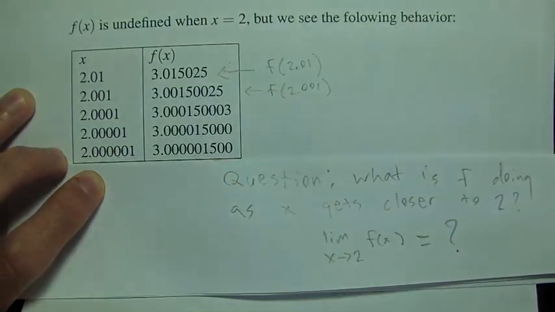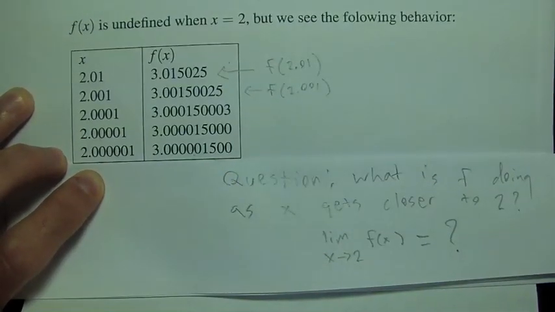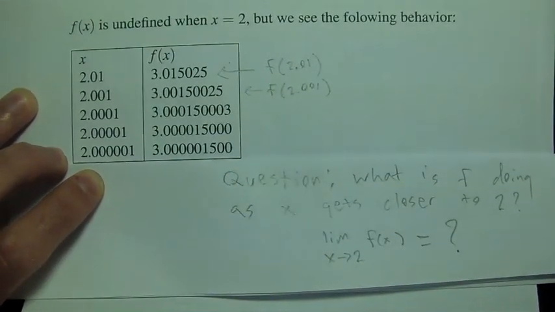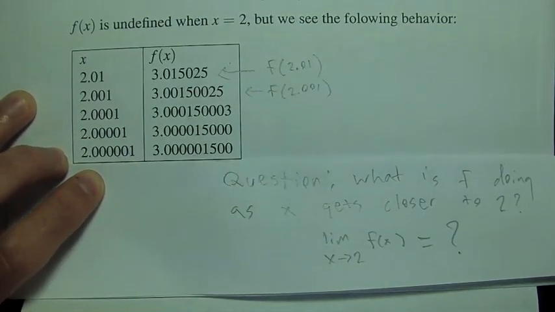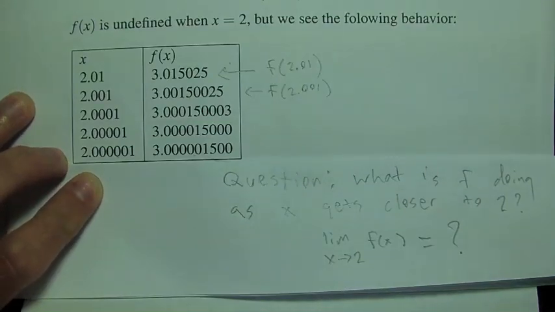As we can see, that 15 just keeps getting pushed further and further to the right, and eventually, with enough zeros, we get close enough to 2 with our x's, then our f is going to get closer and closer to 3.